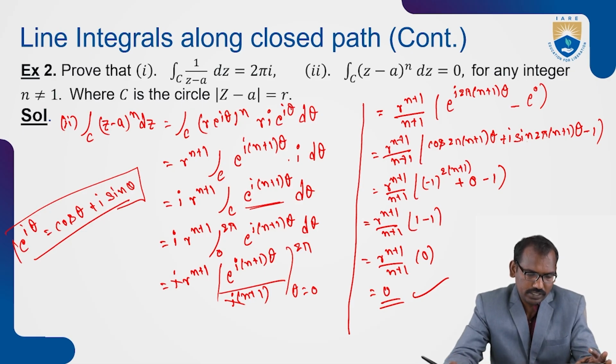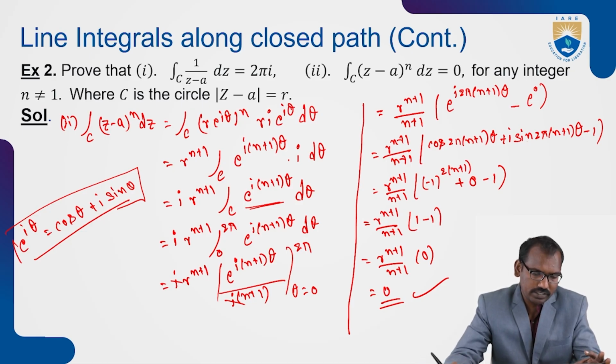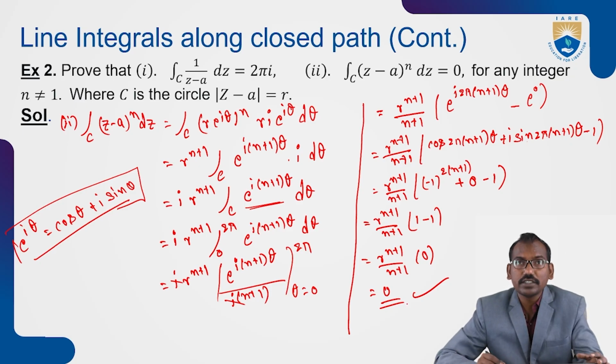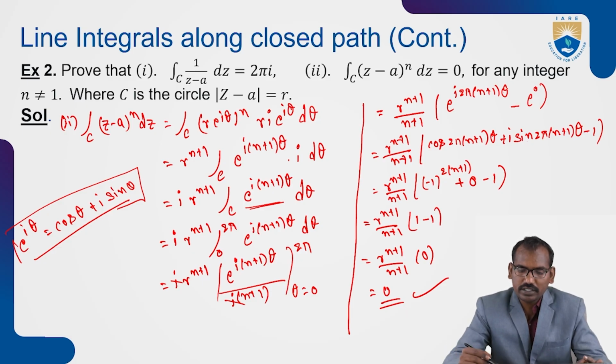Now you can see the second integral, we take an integration along C. Here the integrand is (z minus a) whole power n, and we took the parametric form. So we calculated this, and finally we showed that it is 0. Here, by Euler's theorem, we are writing the exponential e power i times 2 pi into (n plus 1) theta in terms of cos plus i sin form.